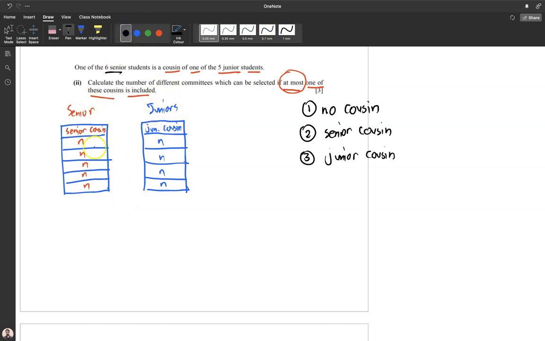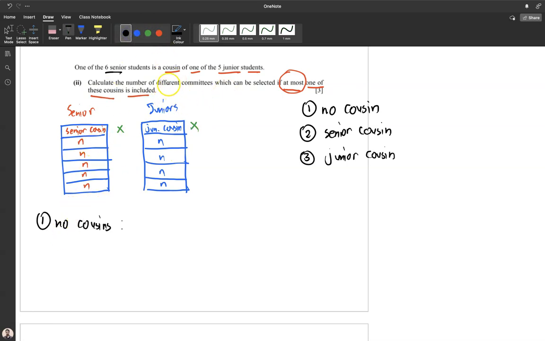Now, let's calculate situation number 1. In situation number 1, there are no cousins involved. So in this situation, I don't need any of these cousins. I don't care about them anymore.